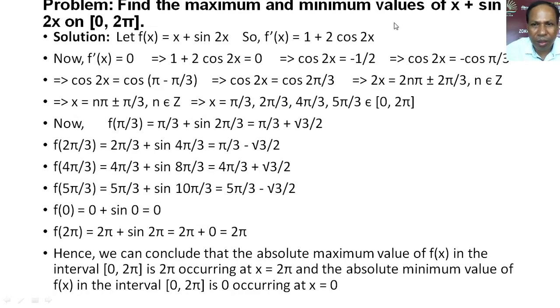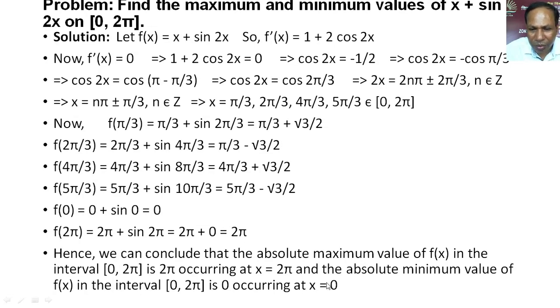So we found the value of this function at these critical points, and also at the end points. And here we can conclude that the absolute maximum value of f(x) in the interval 0 to 2π is 2π, occurring at x equal to 2π. Out of these many values, this 2π is the maximum.